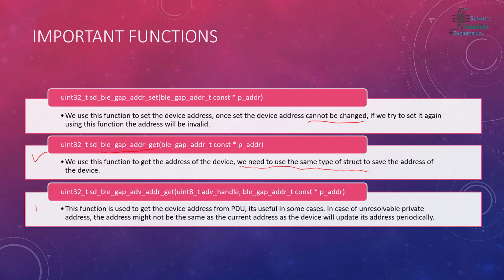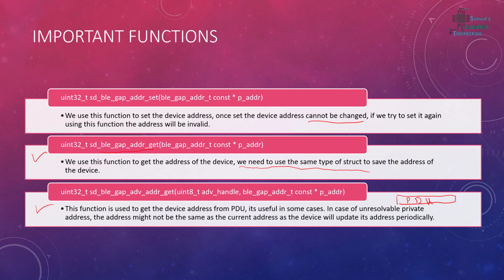The last one is a special type of function, and we will also be using this one. This is sd_ble_gap_adv_addr_get. Basically, we get this address from the advertisement packet, or the PDU, which is protocol data unit. So this function is used to get the address from the PDU, and it's useful in some cases.